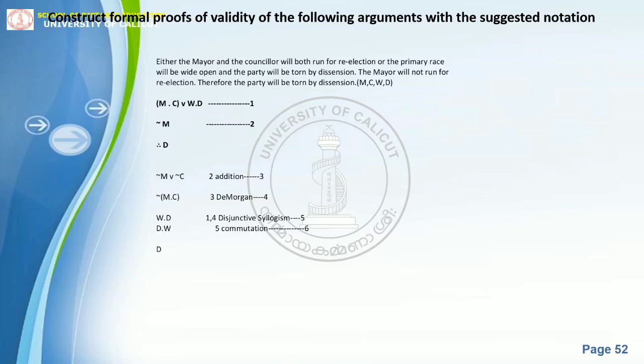After that I used the rule of commutation on the fifth statement and wrote D dot W, numbered as 6. Then again I simplified the sixth statement using the rule of simplification, and hence I get the answer D.